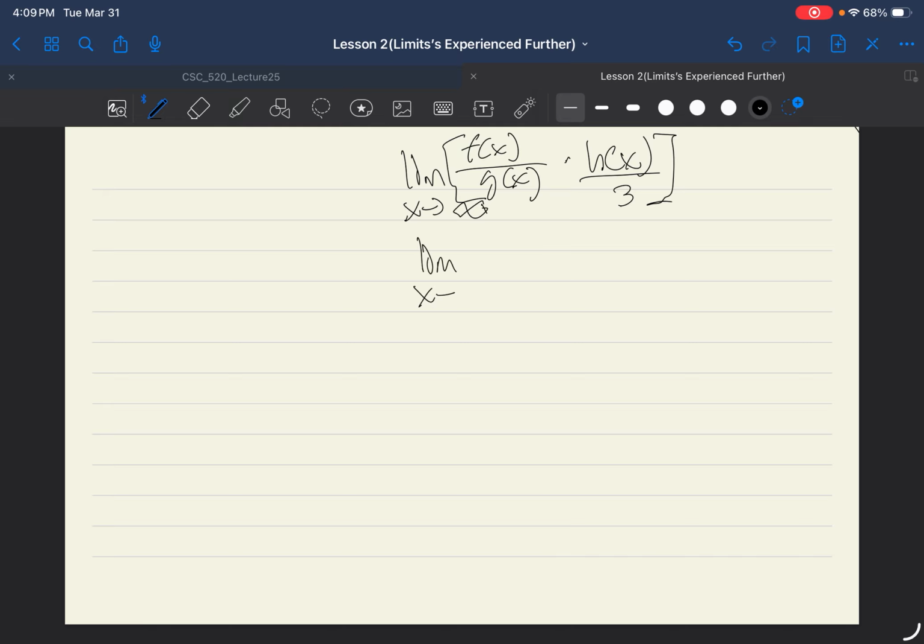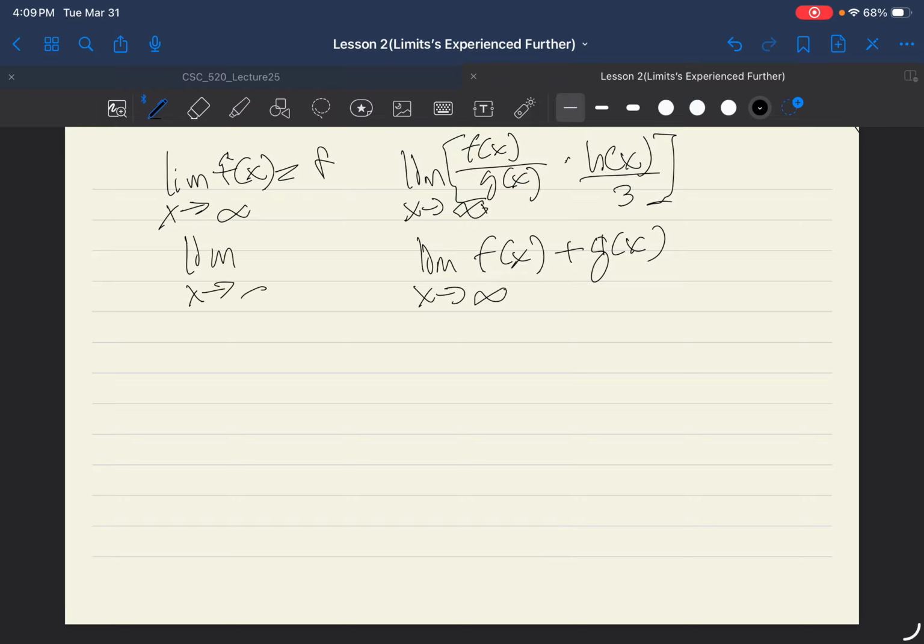The thing we're going to learn about limits is that they're very fluid. So for example, the limit of f of x plus g of x. Let's say the limit as x approaches infinity of f of x is some number f. The limit as x approaches infinity of g of x is going to be g.